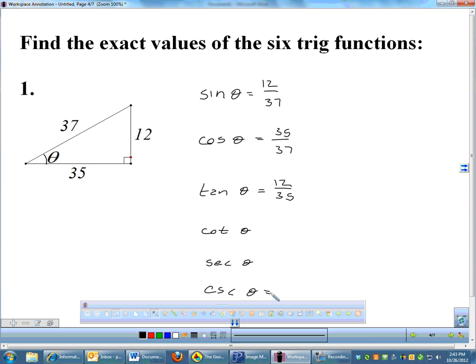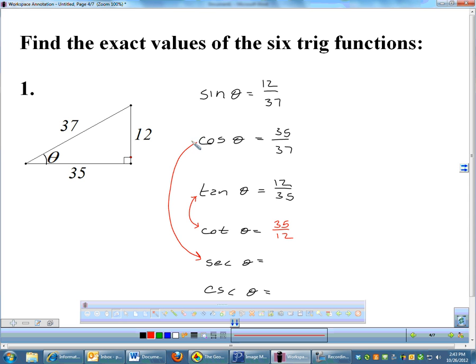For these 3, since I already have the main 3, I just start flipping them. I know that cotangent is the reciprocal of tangent, so I'll just flip those 2, and they're reciprocals of each other, so cotangent is going to be 35 over 12. Secant goes with cosine, c goes with s.